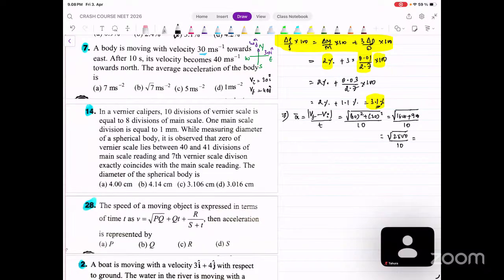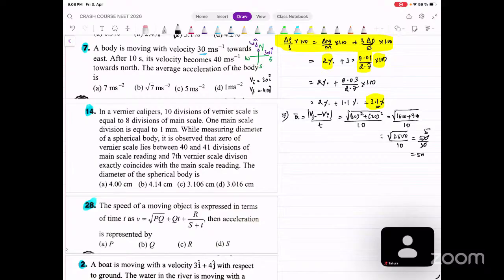So this value will be equal to 50 divided by 10. 10 ones are 10, 10 fives are 50.